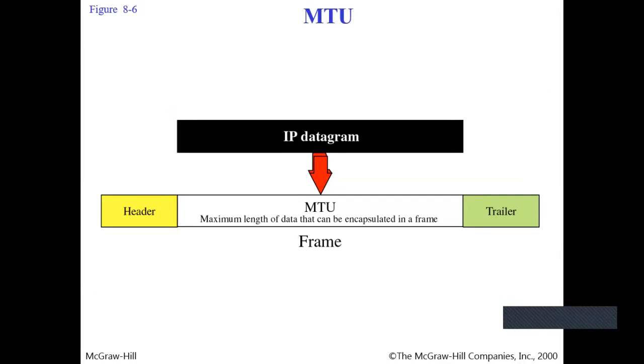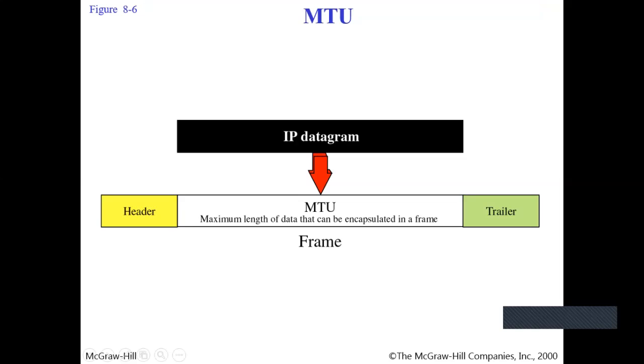Clear? So if the IP datagram contains more than 1500 bytes, fragmentation comes in, which shows that there are multiple fragments related to the same datagram.